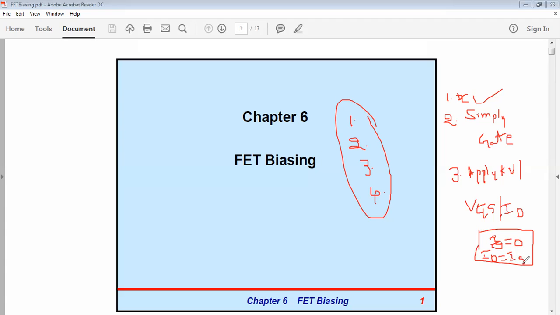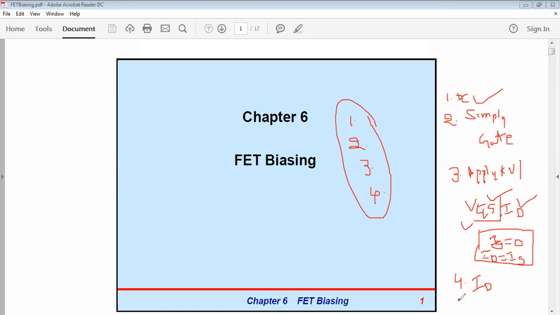Must remember these two properties of FET devices. Apply these two properties, apply KVL to the loop, and derive the expression for VGS or otherwise ID.